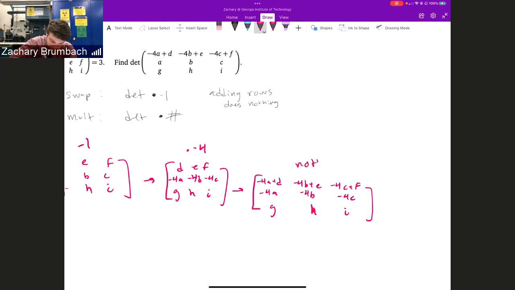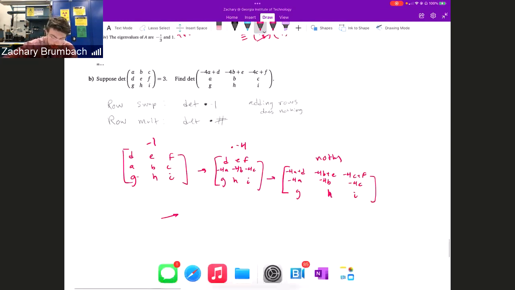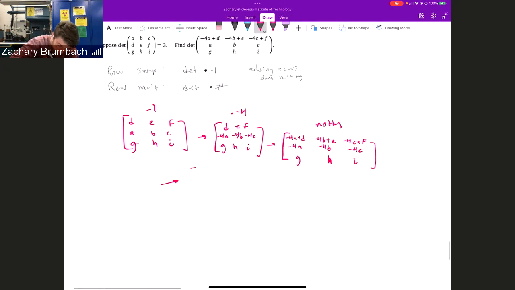Nothing happens here. And then to resolve our middle row to make it easy to get it to its final form again: (-4A plus D, -4B plus E, -4C plus F), (A, B, C), (G, H, I).